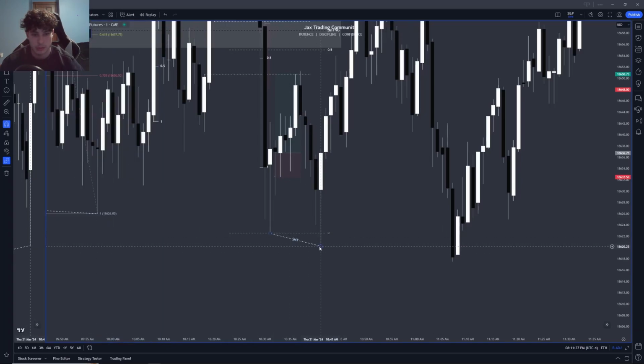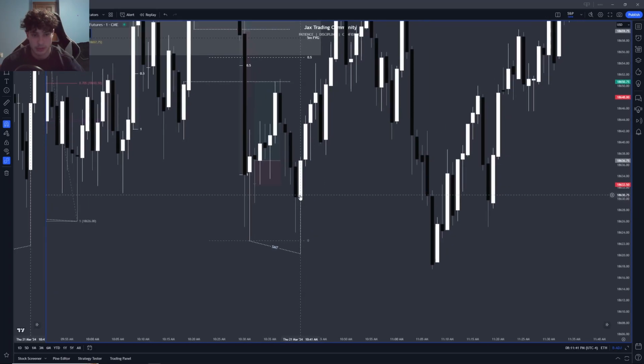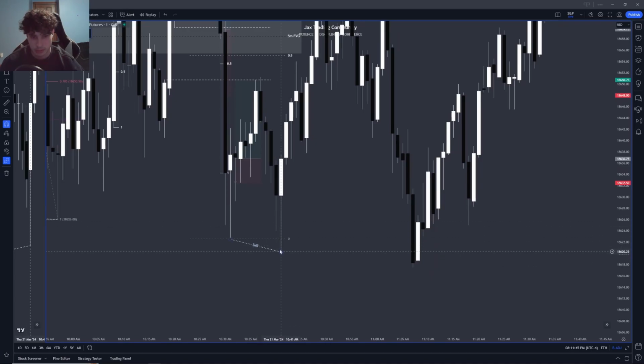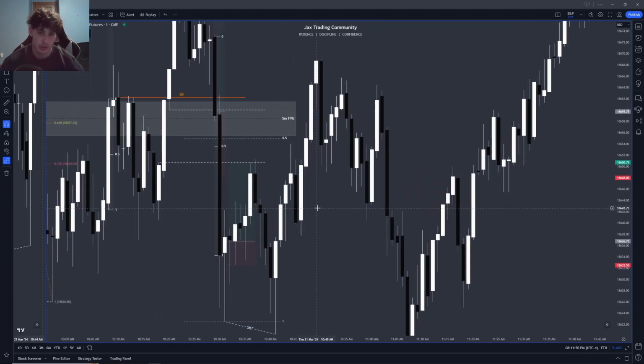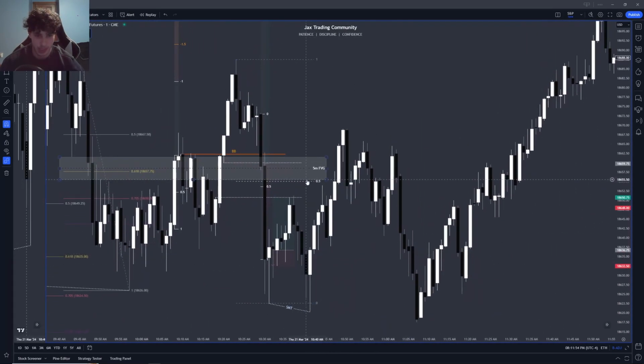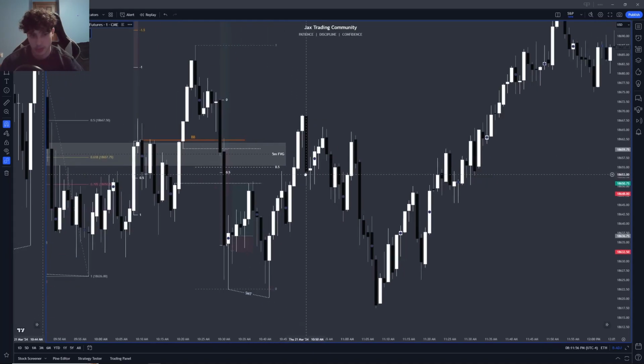Here's your sweep, and this is what soup would be, displacement up. You take your entry on this candle close, which would be right here, or you could just see the wick going up, right? See us respect it. So if I was to take my entry here, I would probably take it off at 50% because we had not tapped it yet. That would have been a nice trade, but I did not do it.